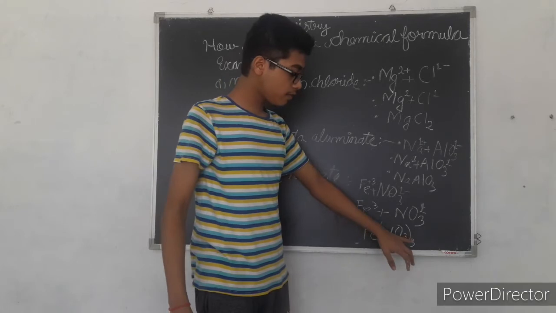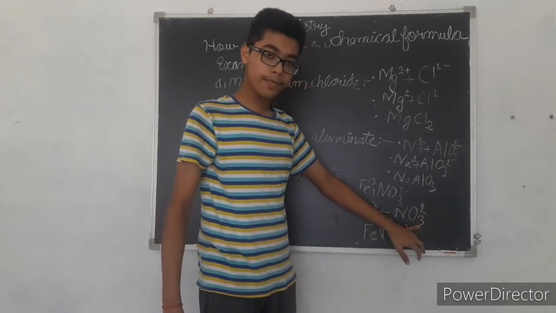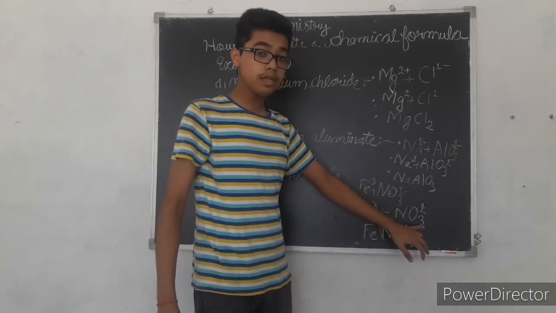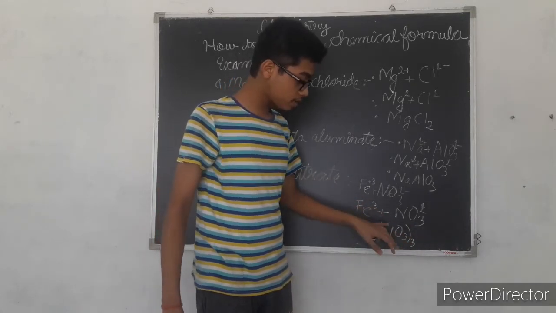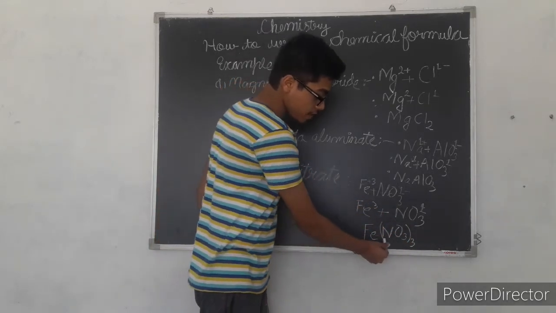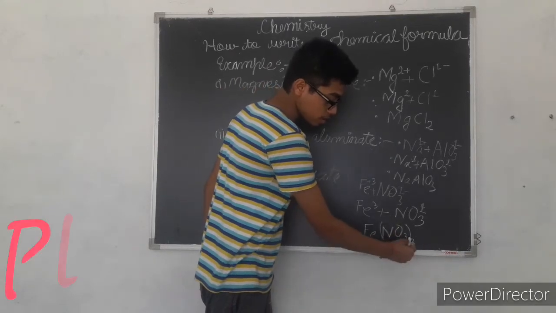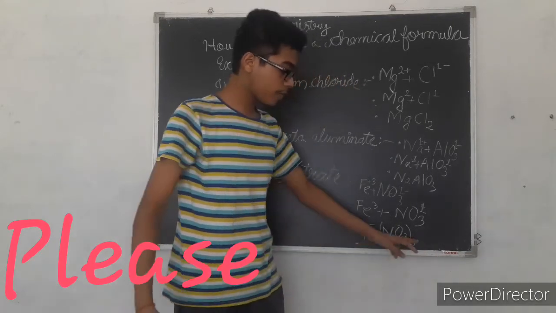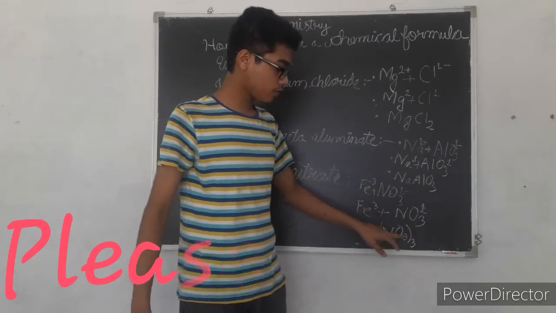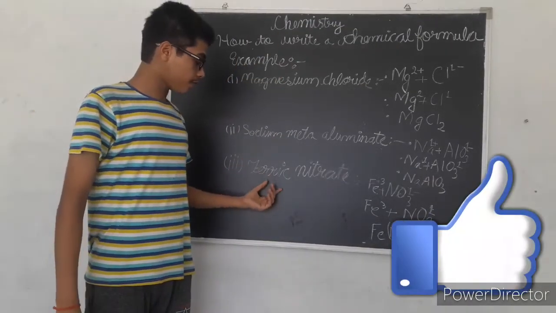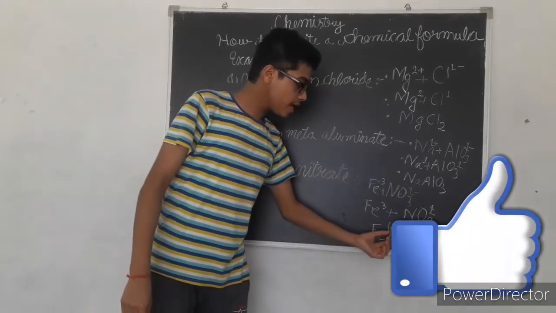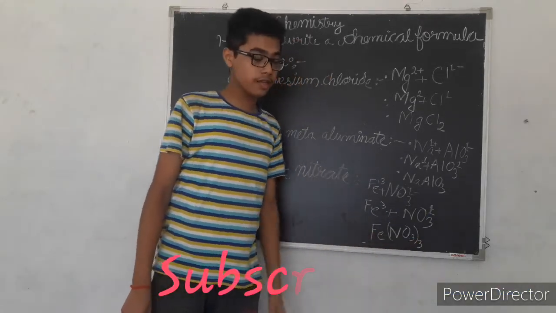Whenever we have a number there already, we will use parenthesis to write the other valency like this. Fe(NO3) with parenthesis, and then outside the parenthesis this 3. So the chemical formula of ferric nitrate is Fe(NO3)3.